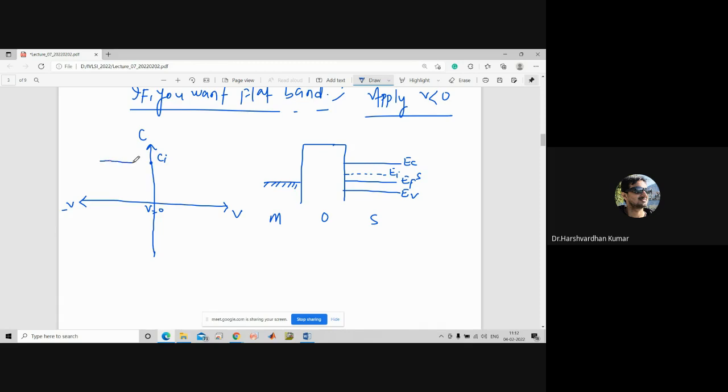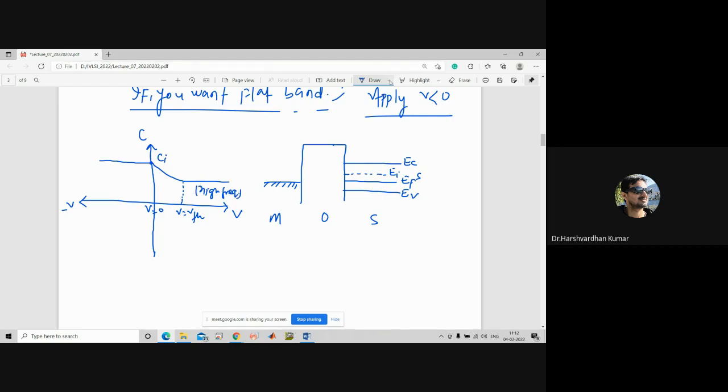After that, it decreases up to the voltage V equal to VTH. After VTH, again it becomes constant at high frequency.